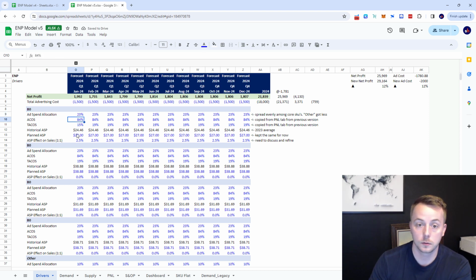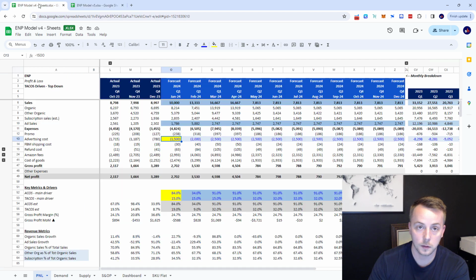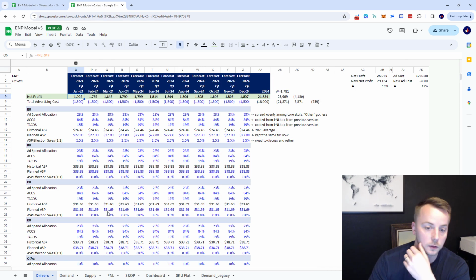So what it allows you to do basically is just manipulate that sale price to see how it might impact your net profit. And it's still working off the same principles as these forecasts, but I thought this was a much easier way to get a hold of that information so you could project what raising your price is going to do.